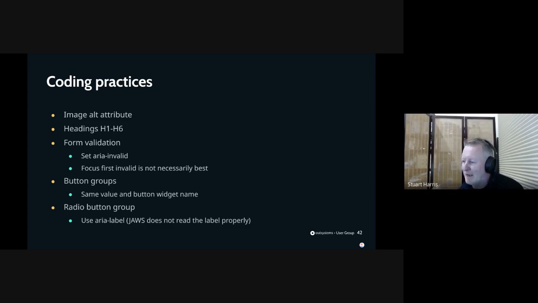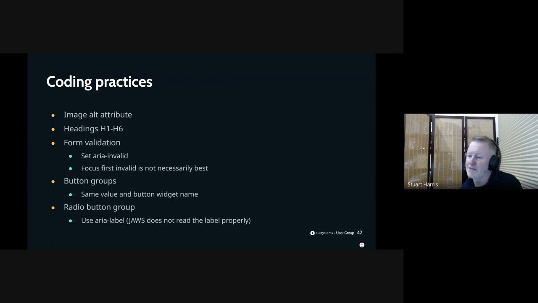Button groups. In OutSystems, button groups, there's something that's a little bit broken with accessibility. The last ARIA attribute on the previous slide was the, what was it? Descendant something. The selected descendant. Button groups get that wrong. What they do is they'll actually put the value of the variable as the active descendant instead of the ID of the control.